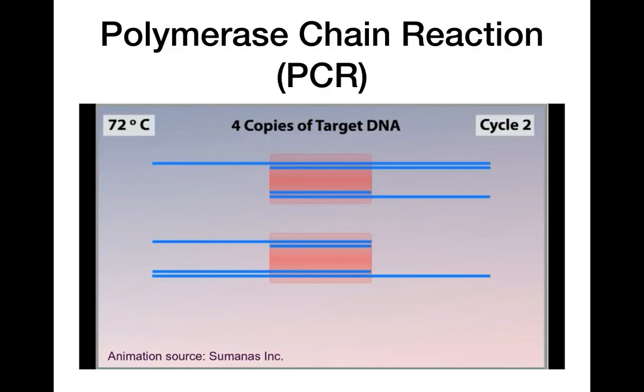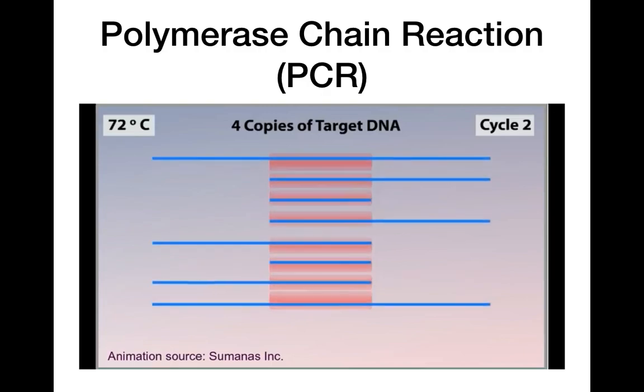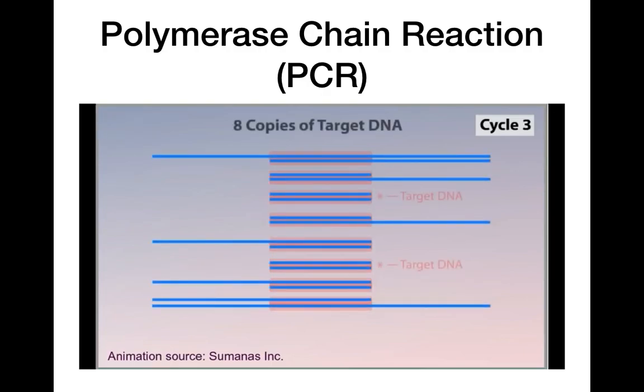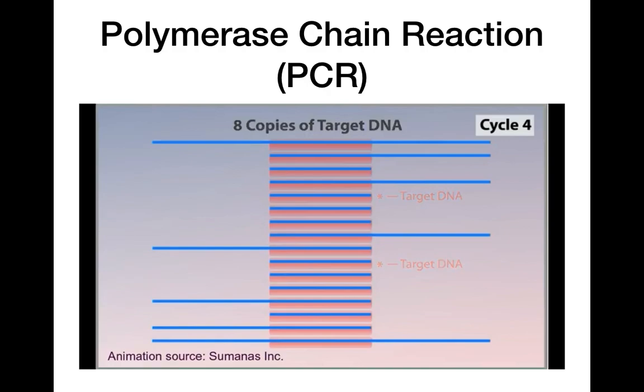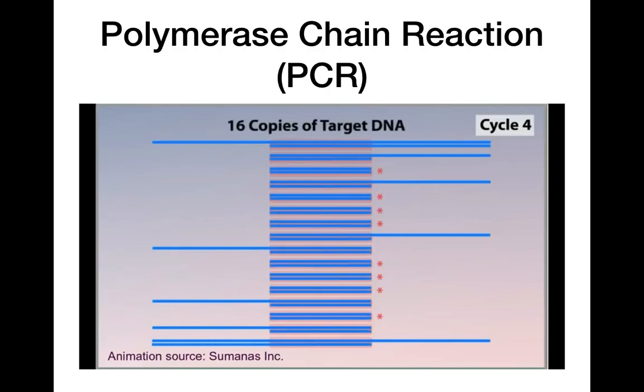After cycle 3 is finished, there are 8 copies of the double-stranded target DNA sequence, and note that only 2 of the double-stranded copies consist of just the target fragment, and the others also include flanking DNA regions. As the number of cycles increases, the proportion of fragments with just the target DNA increases.